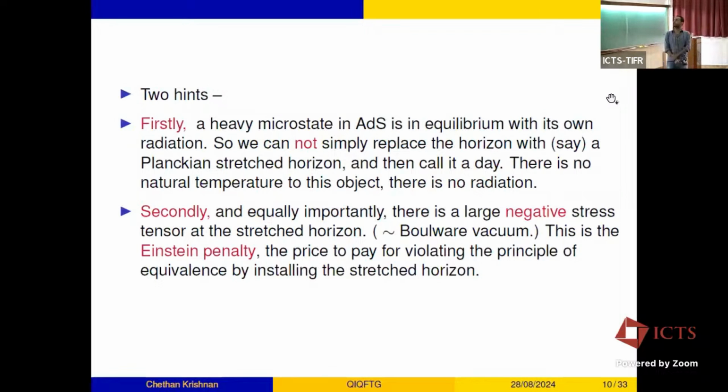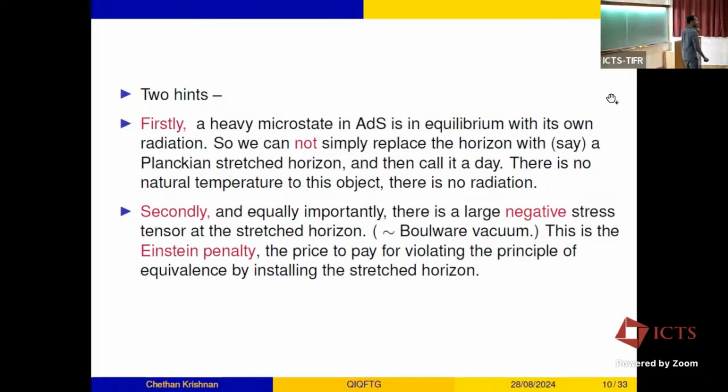Because oftentimes when people talk about a stretched horizon, they just cut off the horizon and leave it at that. For instance, in many of the recent GR calculations of gravitational waves, where people try to see whether there are modifications of general relativity, what they often do is just truncate the space-time around the horizon.